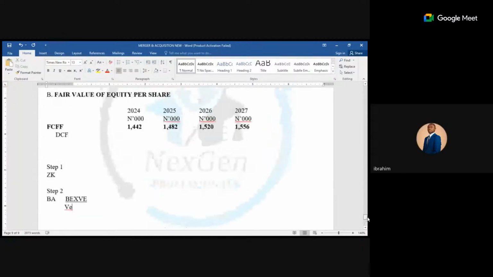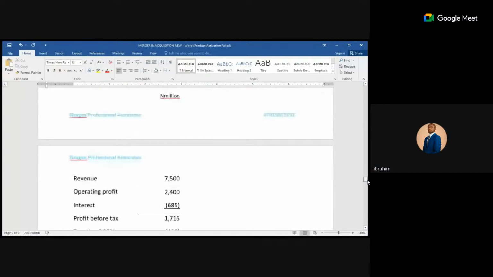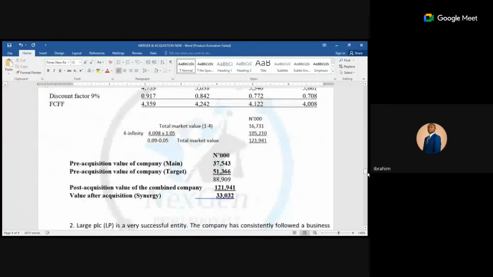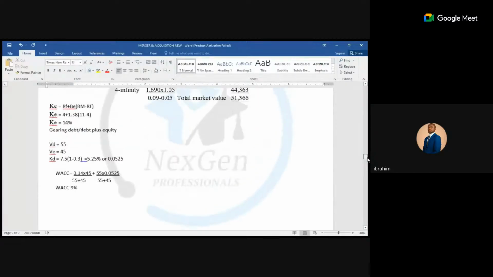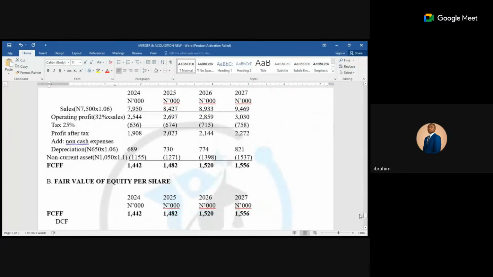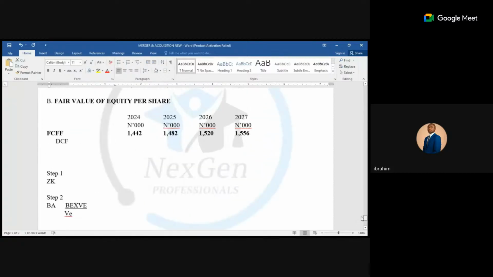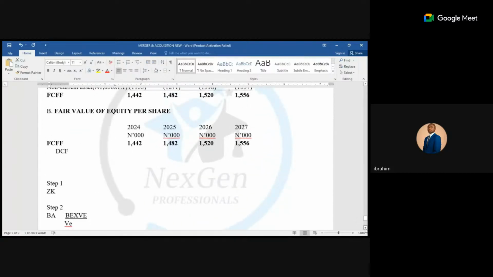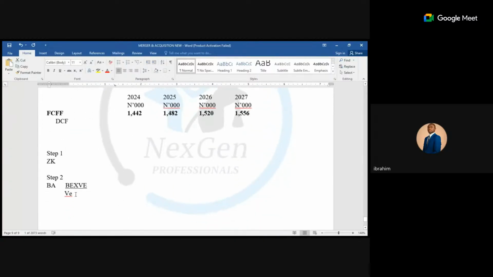Let me copy something there. So value of debt, we have 1 minus t, right?